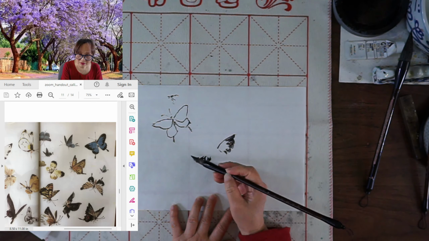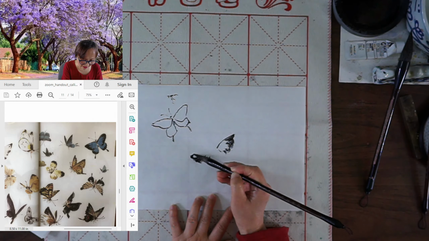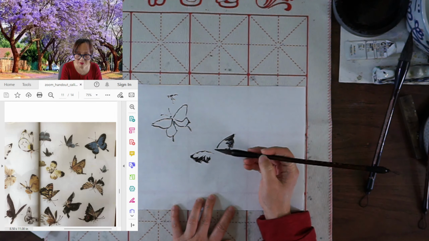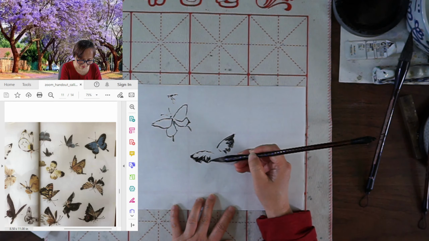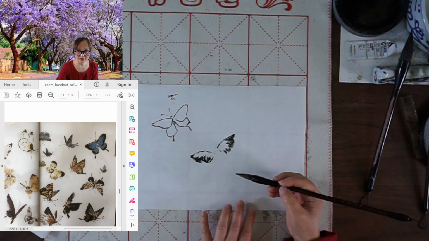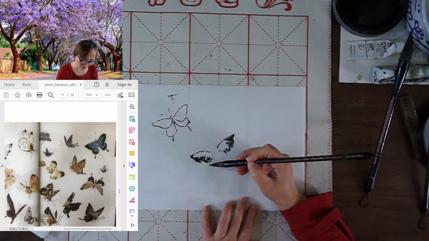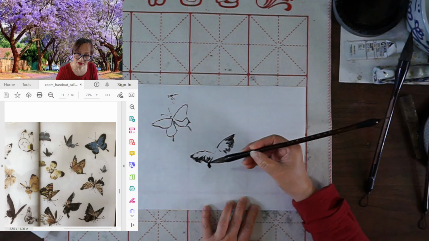And connect, make the whole shape there. Right, and then the two small ones, try to keep the shape.